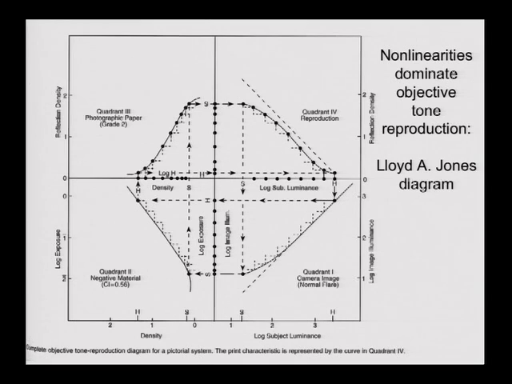So this quadrant 4 here is the reproduction. You can see how he's getting an S-shaped curve that matches the preferred reproduction by controlling the gammas and the nonlinearities of the negative and the print. And you can put different functions into these quadrants depending on what you're trying to do.